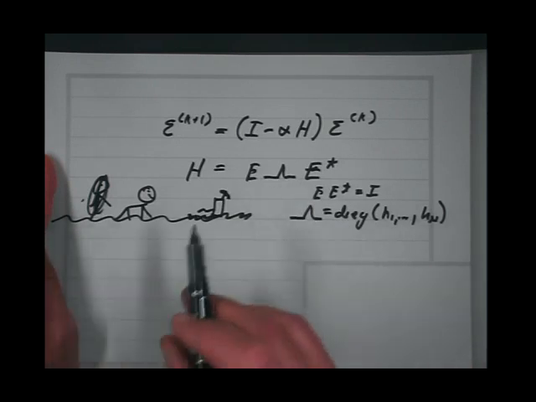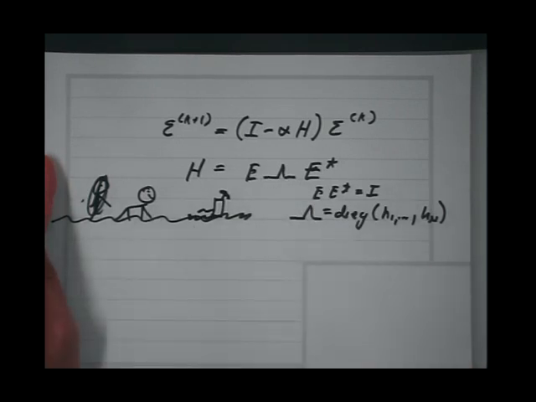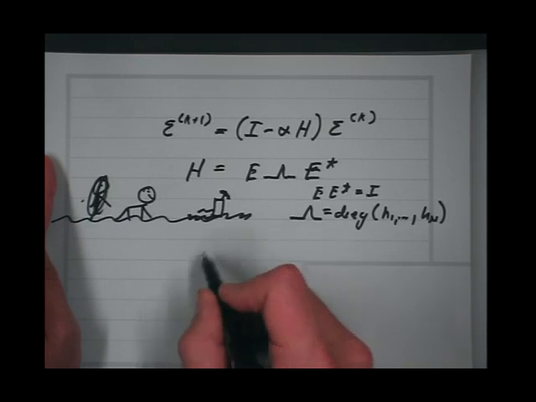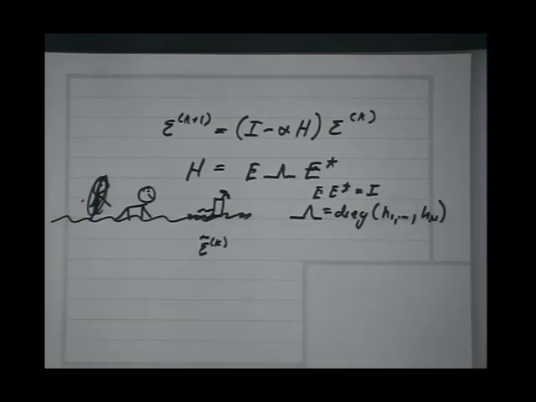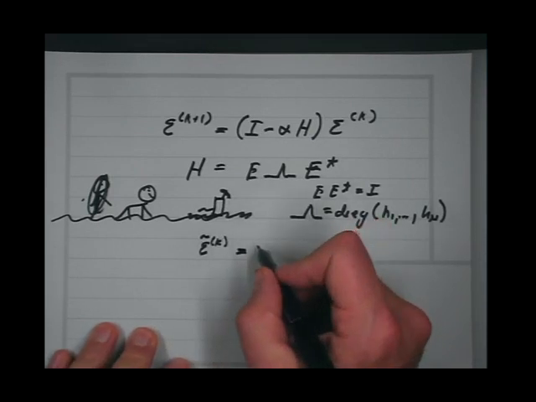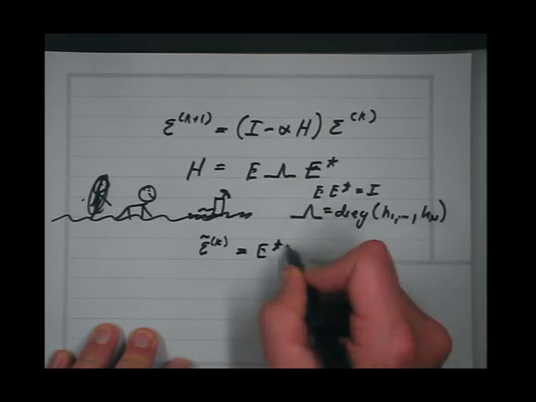Now what happens is this, and this is the clever part. I can say, I'll take E_k tilde equal to E transpose epsilon_k.